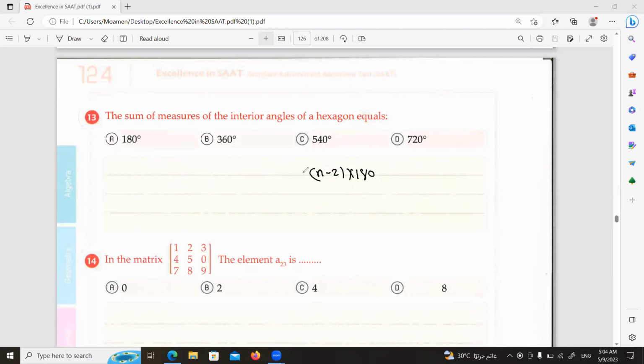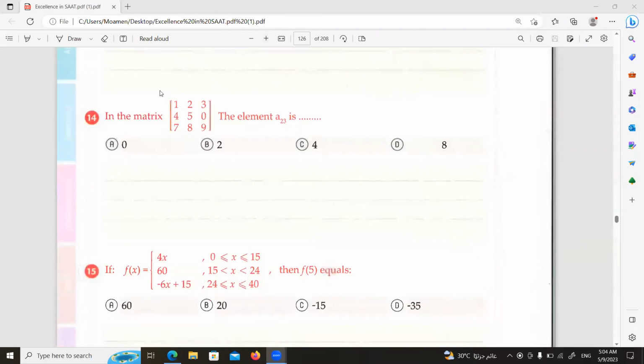This is the rule. The hexagon has 6 sides, so (6 minus 2) times 180, so 4 multiplied by 180 equals 720.